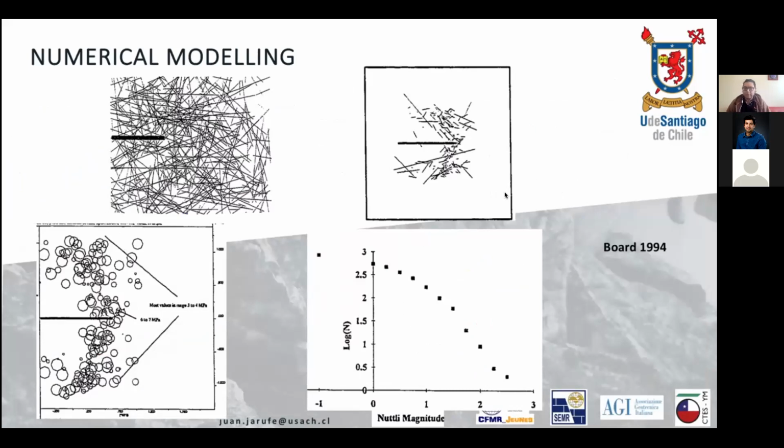To consider more than one value, and consider the distribution of seismic data, there are some other models that have been built, like this one that was done by Board in '94 as part of his PhD thesis. He introduced fractures into a 3DEC model.